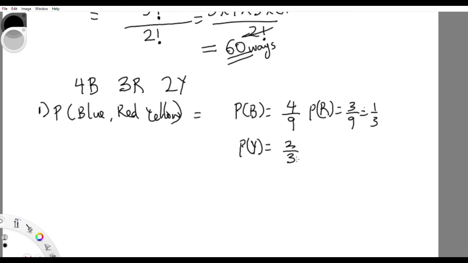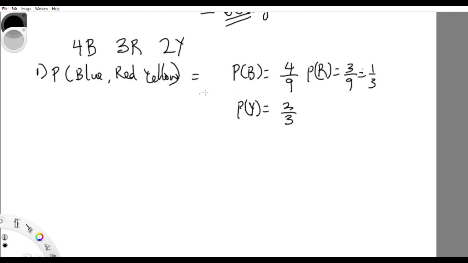2 out of 9. Yes, but then remember we didn't specify the order in which they were picked, so you have to consider all the possible orders. So the probability of picking, it can be blue first, then red, then yellow, or it can be blue first, yellow, and red, and it goes on like that.